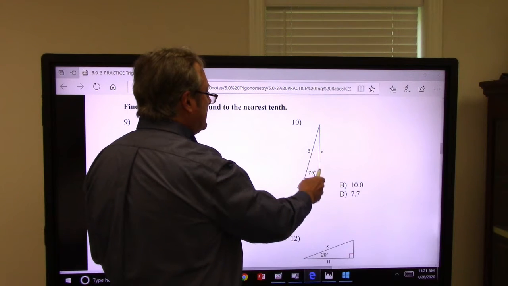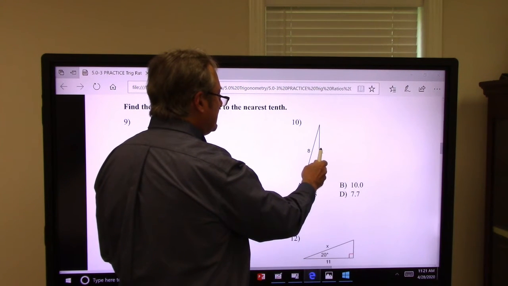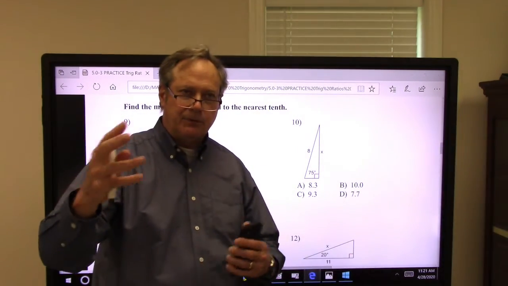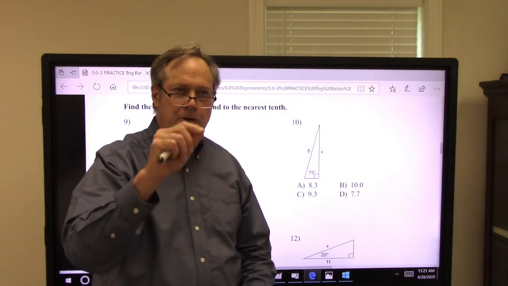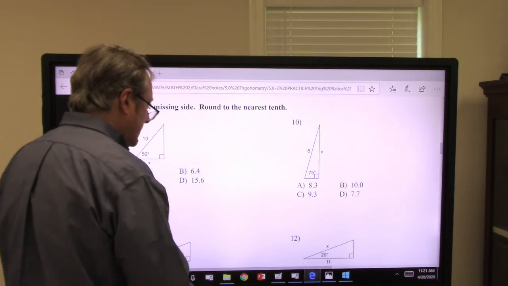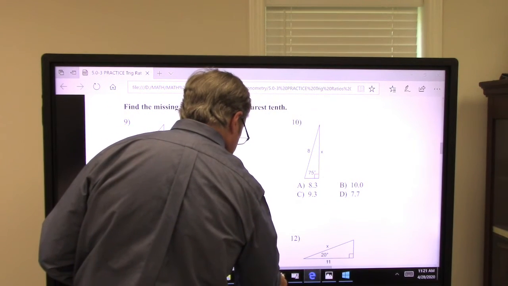So I want to find this length, its opposite and a hypotenuse. All right, so which trig function deals with opposite and hypotenuse? SOHCAHTOA, sine is opposite over hypotenuse. So let's go back to the drawing board.